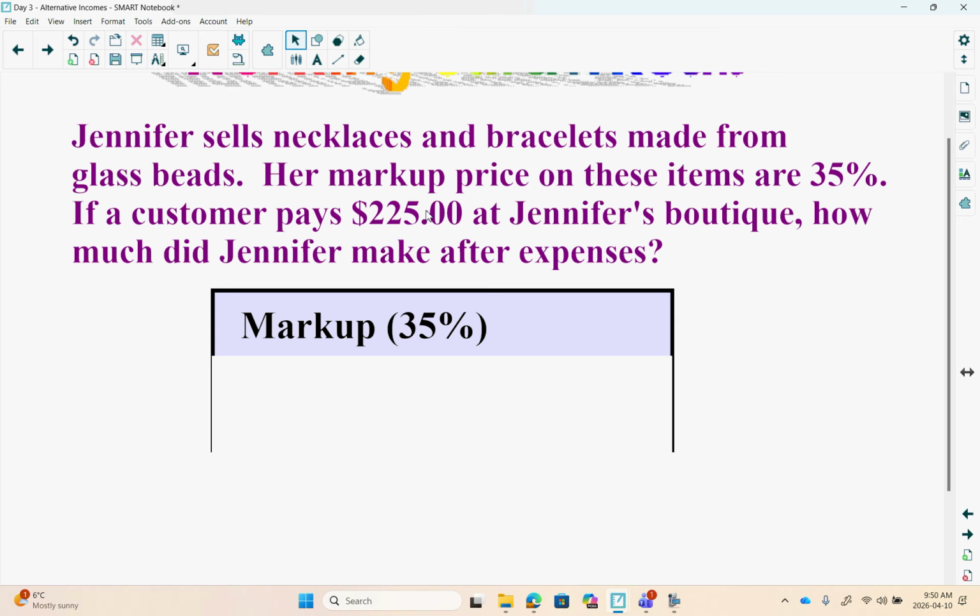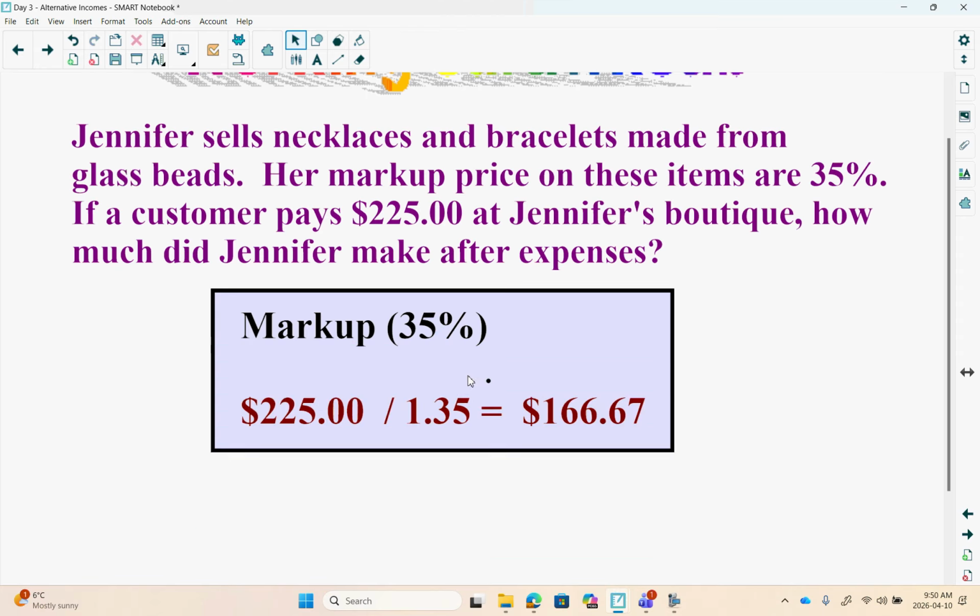That's the marked up price. So what you're actually trying to figure out is how much Jennifer makes after expenses. And what we do there is divide the $225 by 1.35. And we end up with $166.67. And that's how much money Jennifer would make after her expenses.